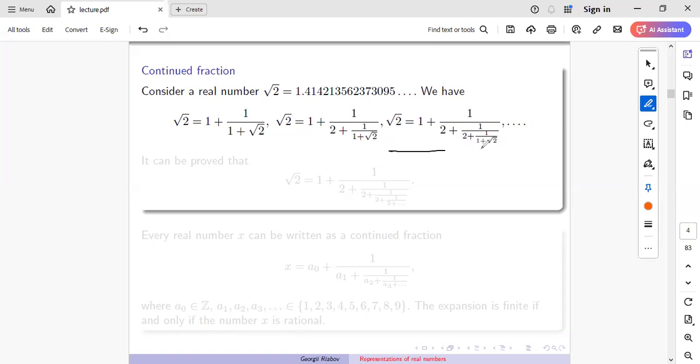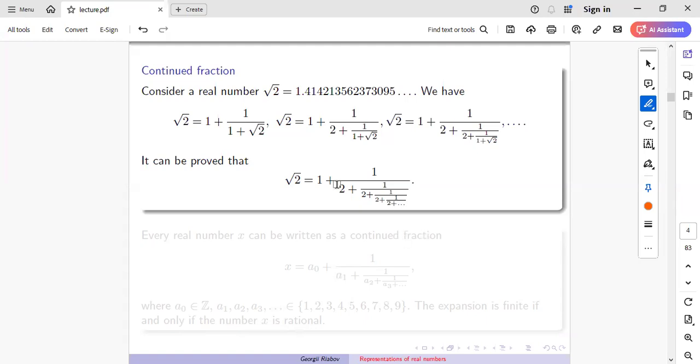Now, if we remove this last part, we will obtain a rational number which will become closer and closer to root of 2 if we proceed with this representation. I want to say that it can be proved that root of 2 can be written as an infinite continued fraction.